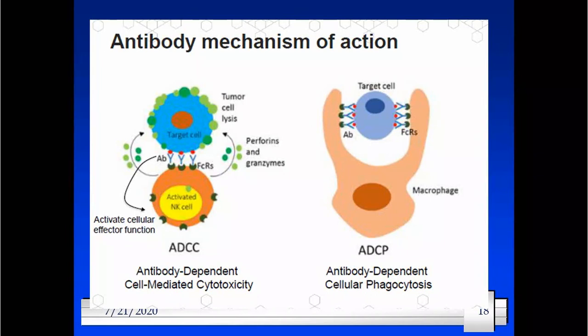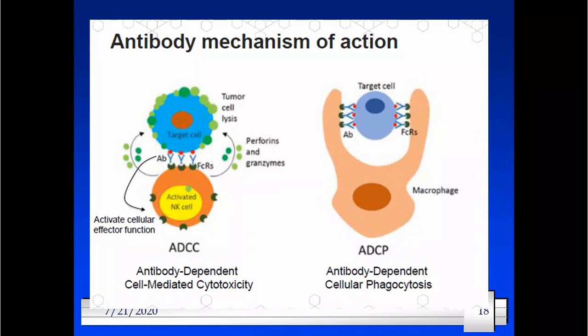So when the natural killer cell binds to the antibody bound to the target tumor cell, this will activate the natural killer cell killing activity, releasing the perforin and the granzymes, and lead to lysis of the tumor cell. And this process is called antibody dependent cell mediated cytotoxicity.